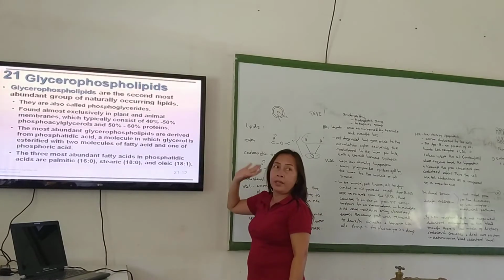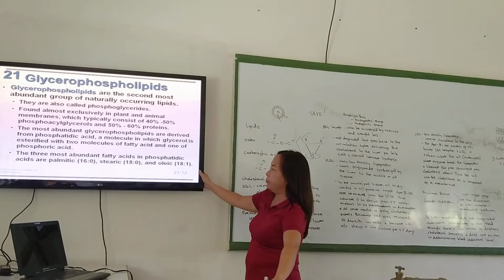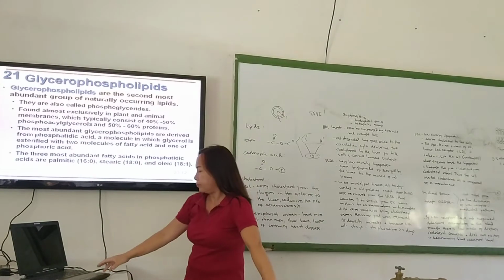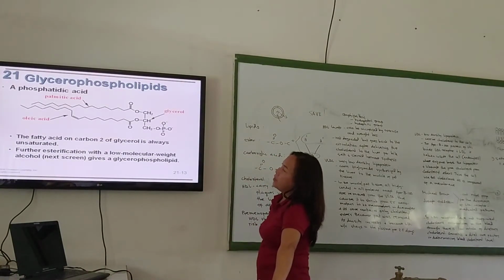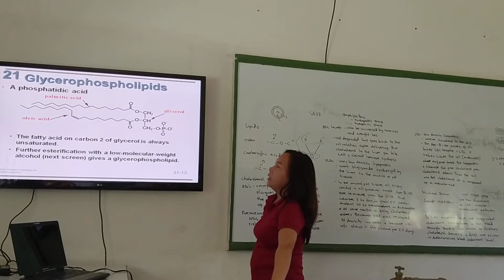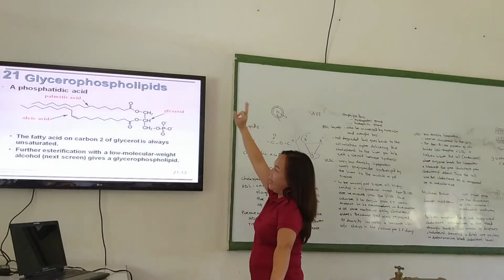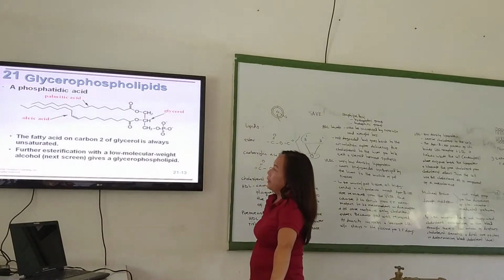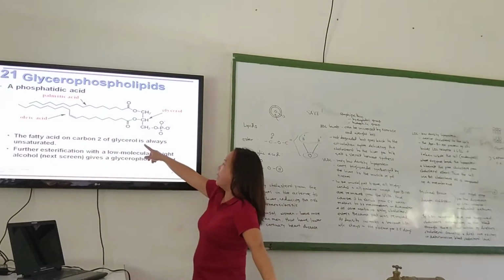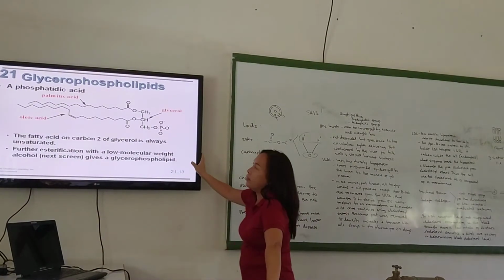Take note of this: palmitic, stearic, and oleic. So you have here the structure of a phosphatidic acid, which consists of fatty acids, palmitic and oleic, and of course glycerol. Now, the fatty acid on carbon 2 of glycerol is always unsaturated.